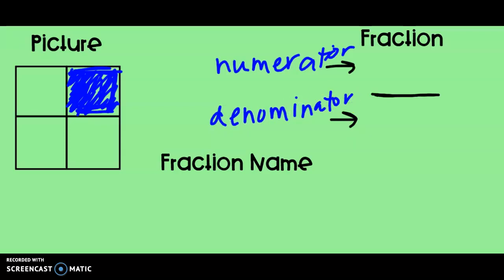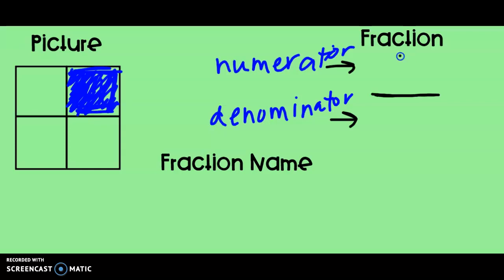Those might seem like really big math words, and they are, but we're going to be using them for the next few years, so it is important to learn that the numerator is on the top and the denominator is on the bottom.